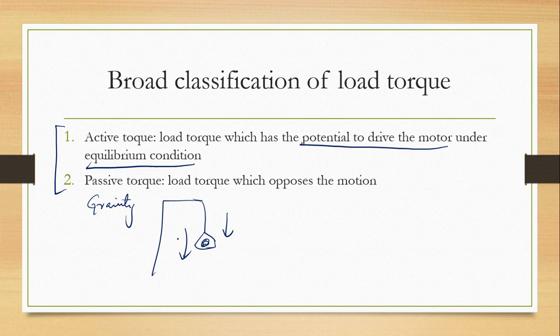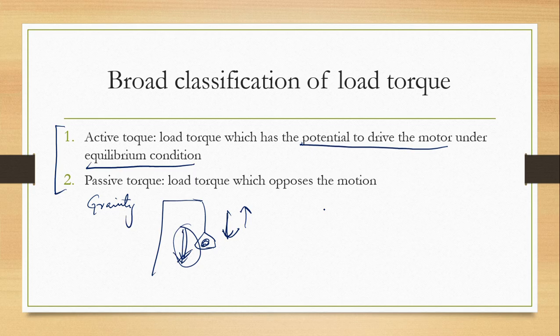But you can see over here the torque due to gravity is always in the downward direction. Because of this, even if the drive was moving upwards, the gravity torque was down, and even if it was moving downwards, the gravity torque was downwards.